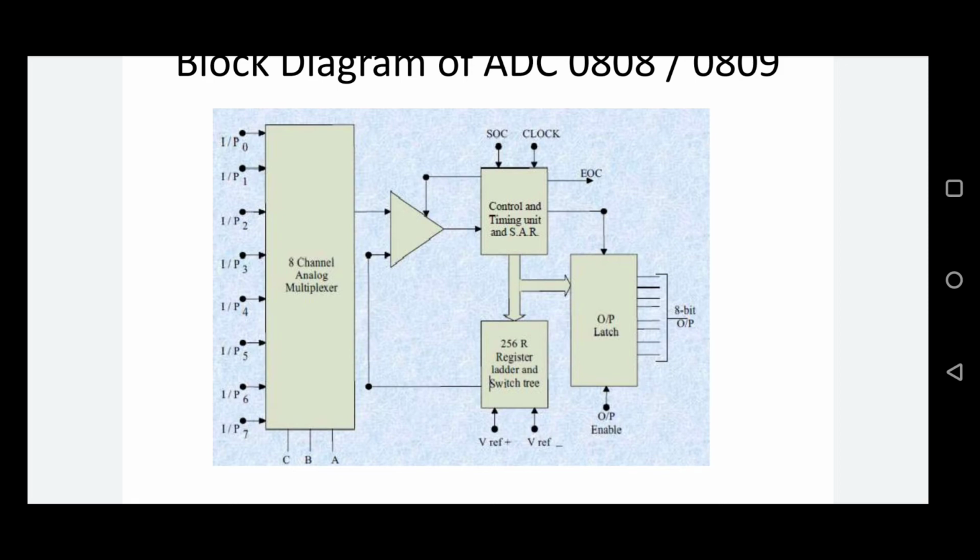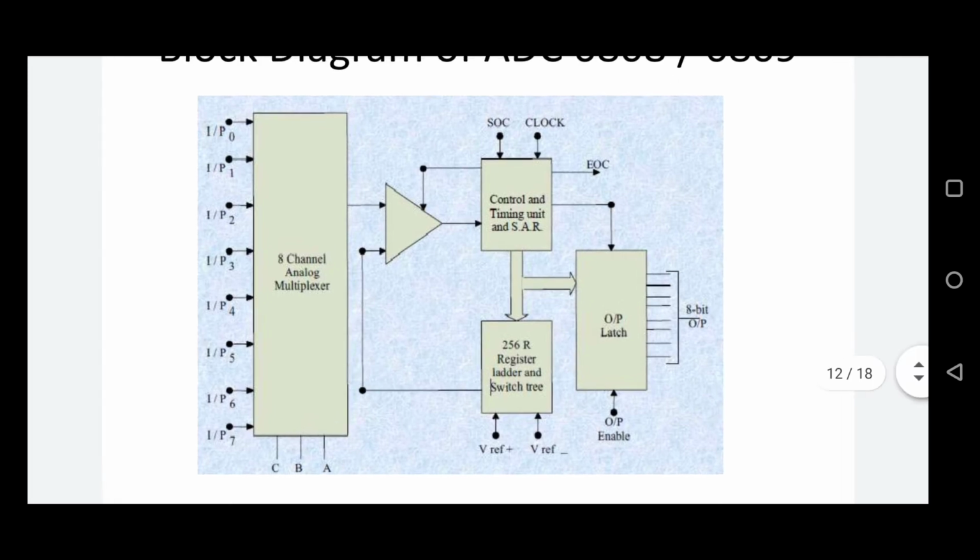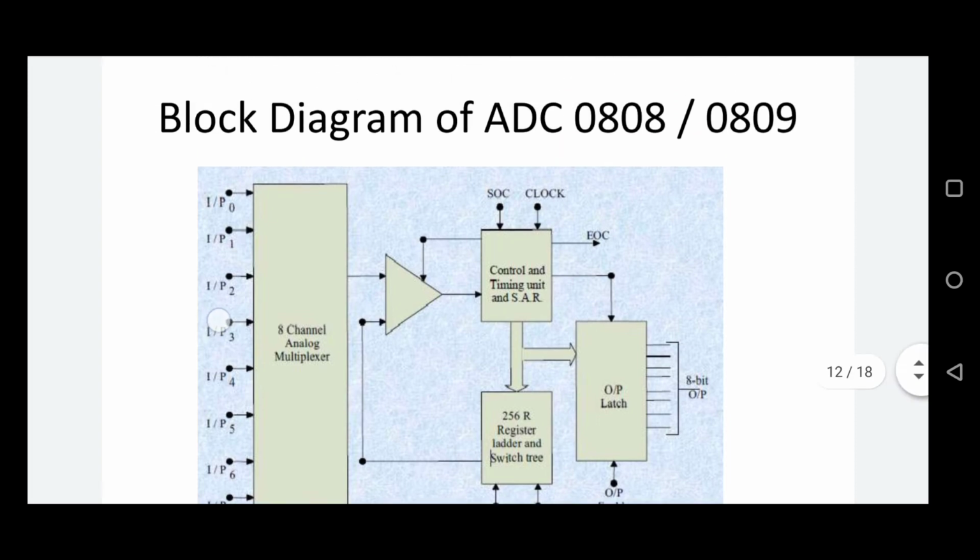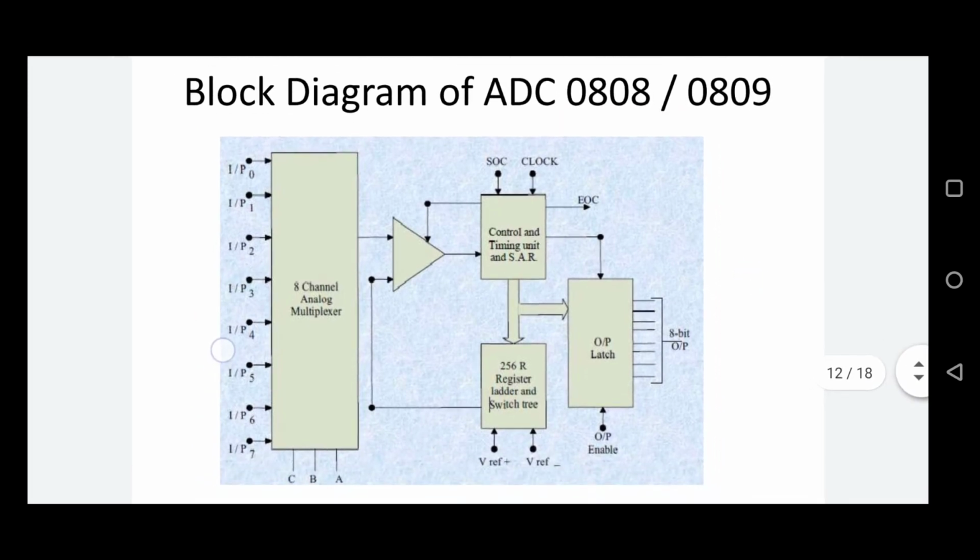Finally, the output latch is given. The digital output data will be stored in the output latch. Finally, the microprocessor will read the data from the output latch. The output pins are 8-bit outputs, that is O0 to O7. Okay, so this is a very simple block diagram of ADC 0808, right?